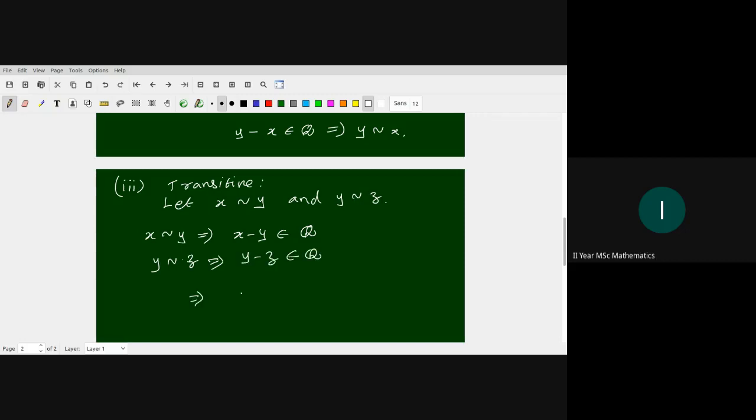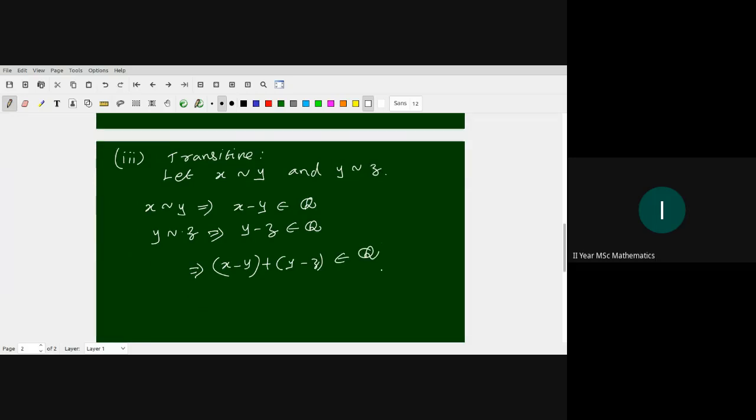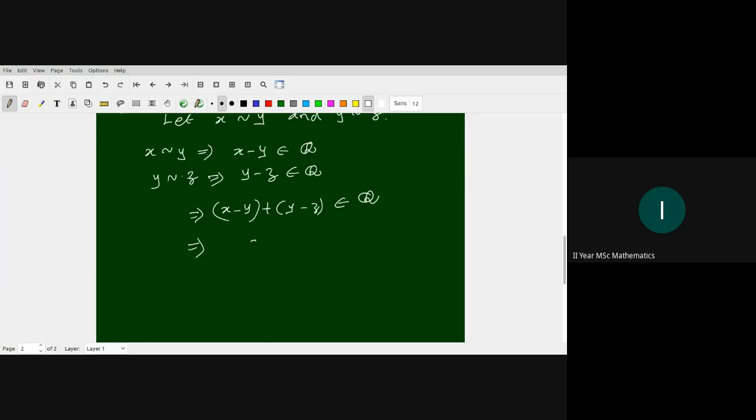The sum of two rationals is rational, so we add x minus y and y minus z. This is still rational. Here y cancels, so x minus z is rational. So x is related to z. Therefore, the relation is an equivalence relation.